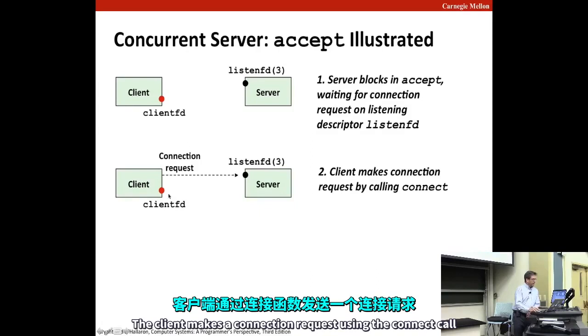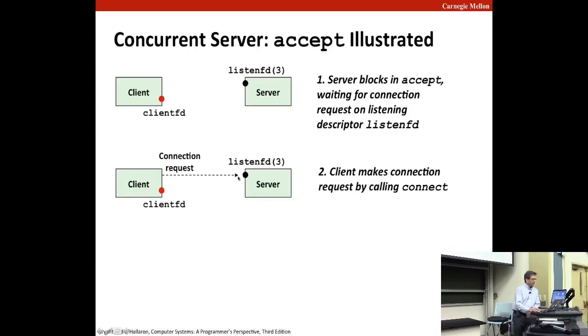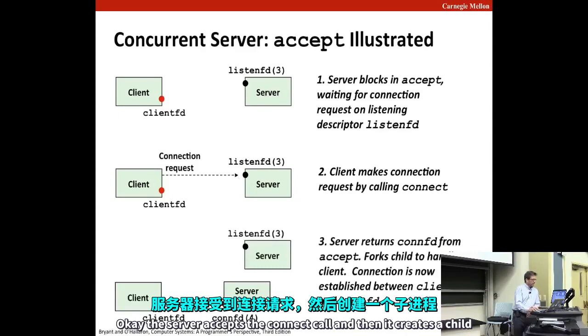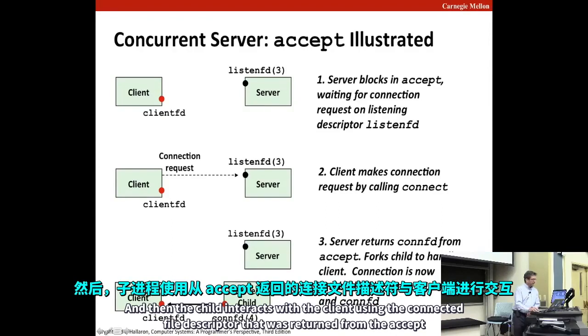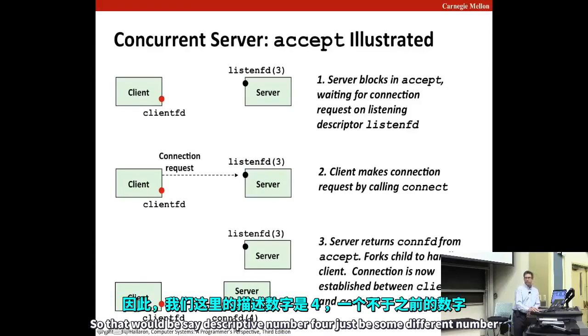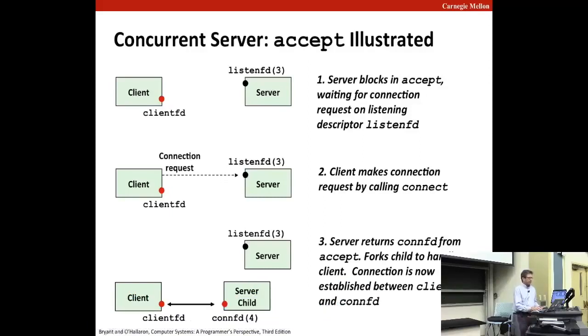The client makes a connection request using the connect call. The server accepts the connection request, and then it creates a child. And then the child interacts with the client using the connected file descriptor that was returned from the accept. So that would be, say, descriptor number 4, just some different number.